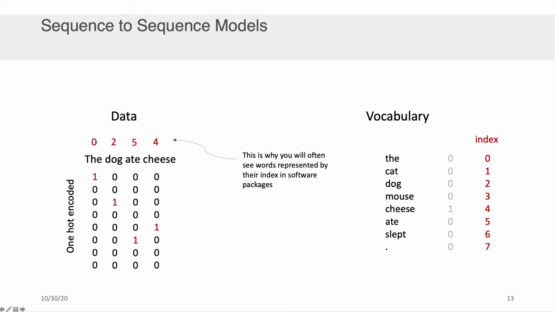So 0 is just a shorthand way for me to say that I have a 1 in the 0th location. 2 means I have a 1 in the 2nd index location. 5 means I have a 1 in the 5th index location, and so on. Okay, so this is why in some of the software packages, you'll see that they store the index instead of storing the one-hot encoded vector.